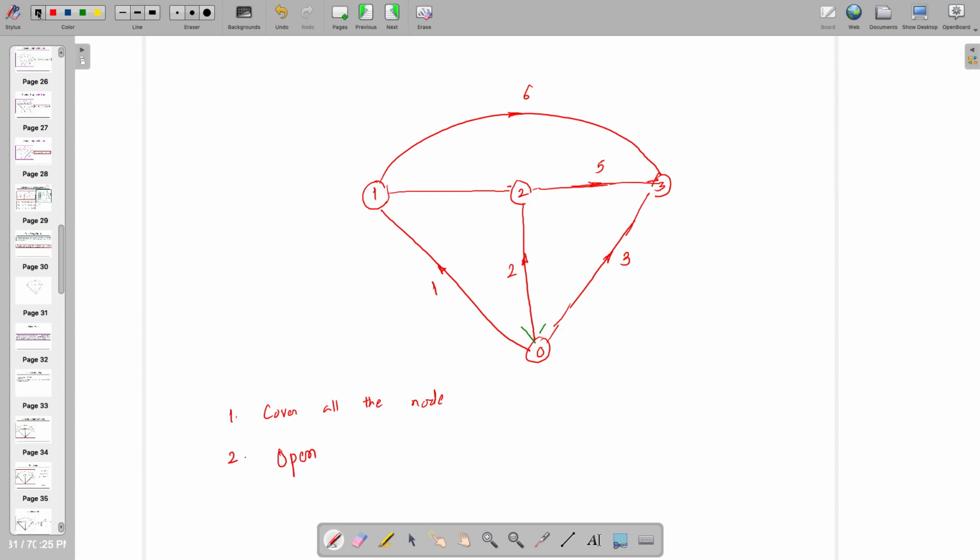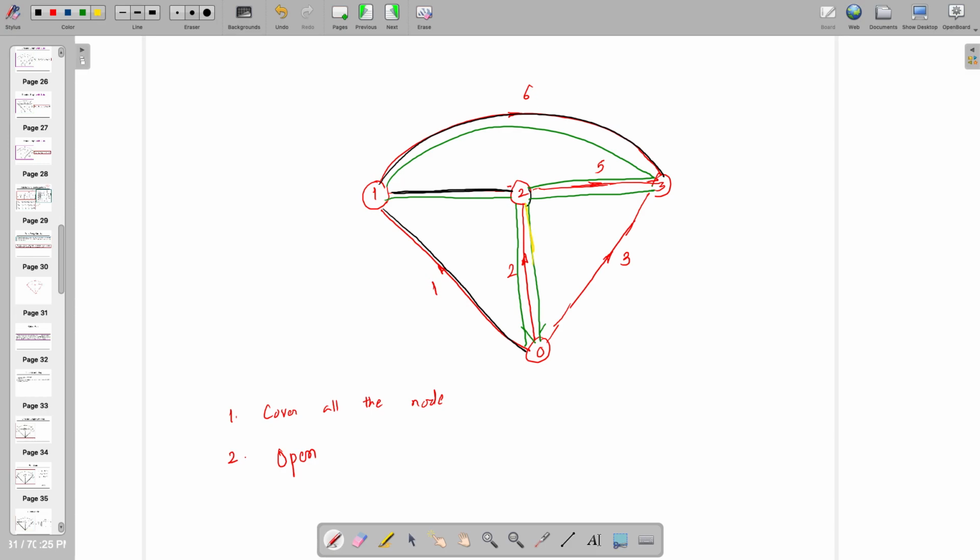Those possibilities are, is it covering all the nodes? There might be a possibility that it's also covering every node and it's not closed. There might be a possibility that you're going from here to here, here to here, and here to here.